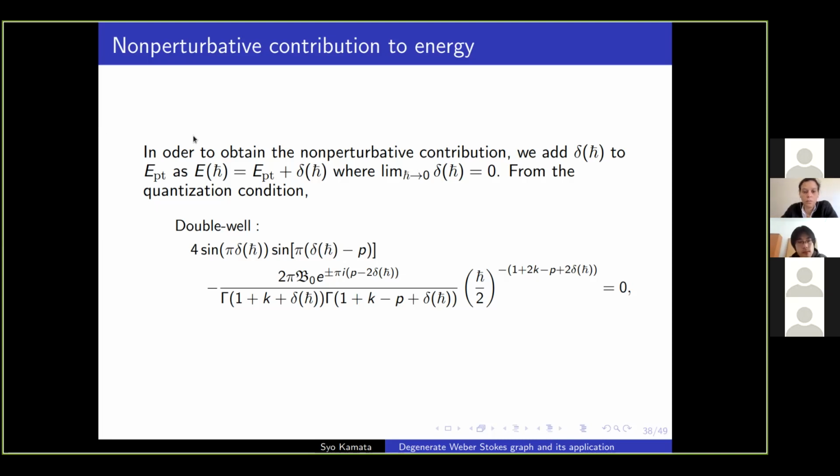To obtain the hidden topological angle contribution completely, we have to use this one. I see. If I understand correctly, certain aspects of non-perturbative contribution can be better or more easily determined by Degenerate Weber. Yes, exactly. Good. I see. I get it. Thank you.